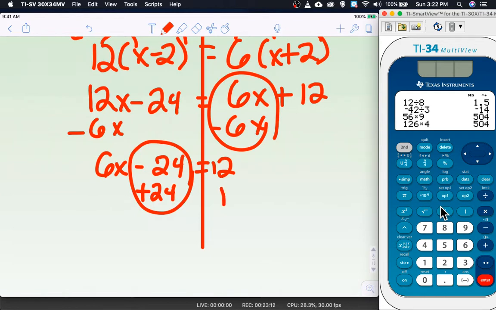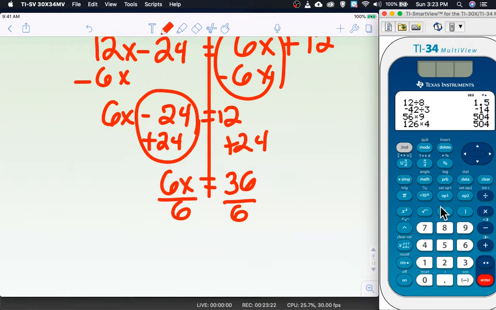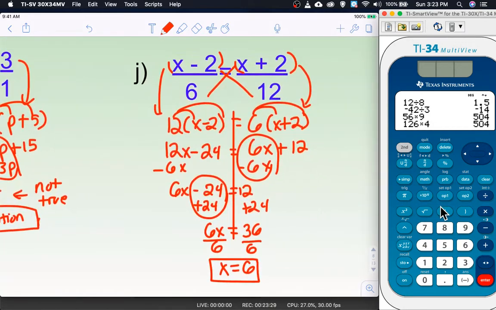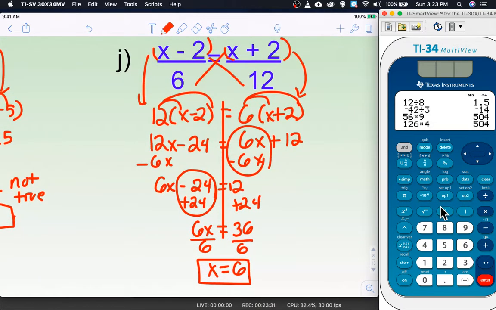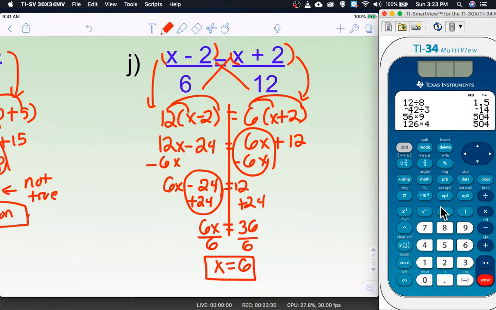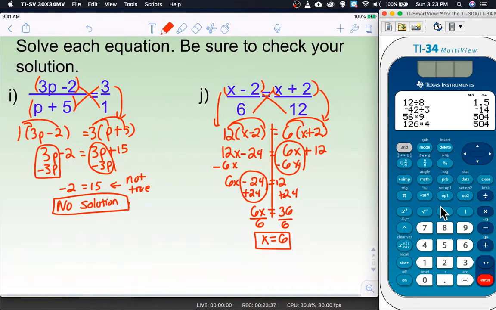I'm going to add 24 to both sides. 6x equals 36. And then finally, when you divide by 6 on both sides, we get x equals 6 as our final solution. So there's the whole problem letter J for you to see. And there's the whole page.